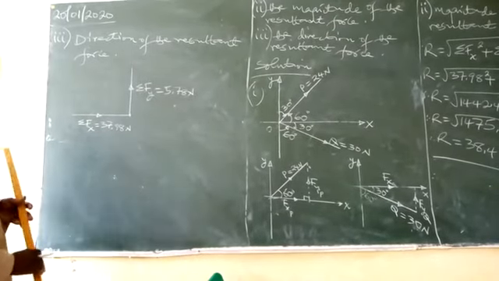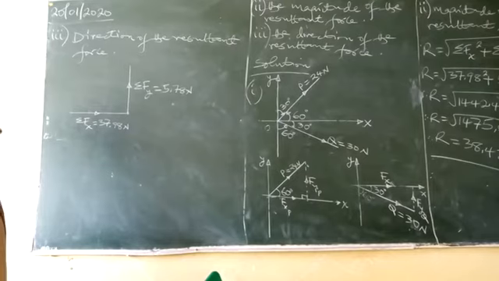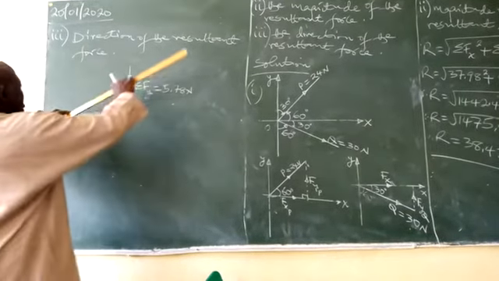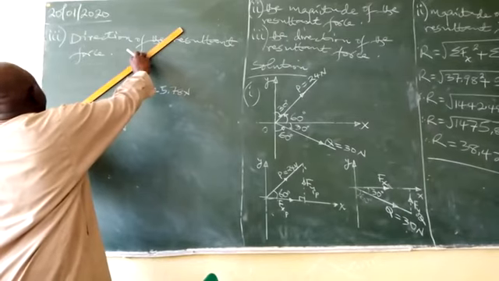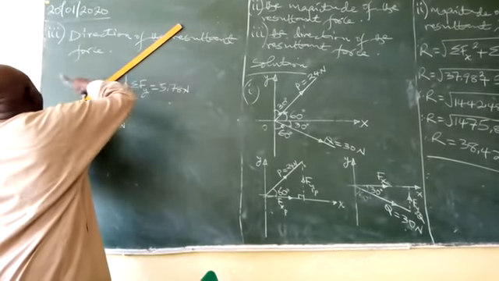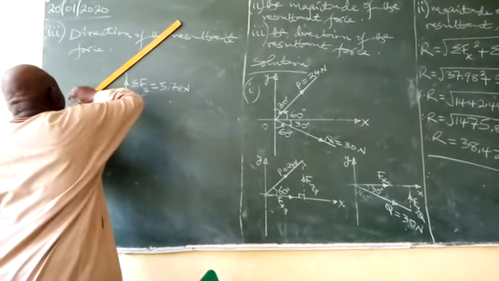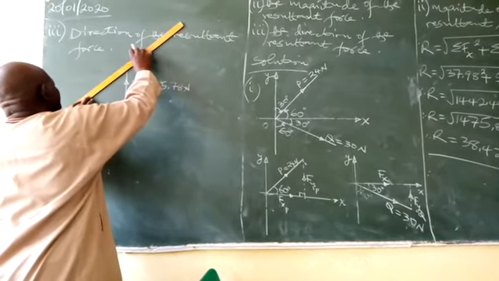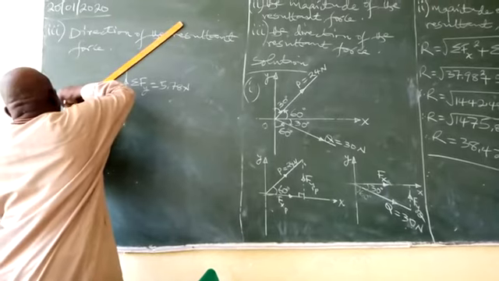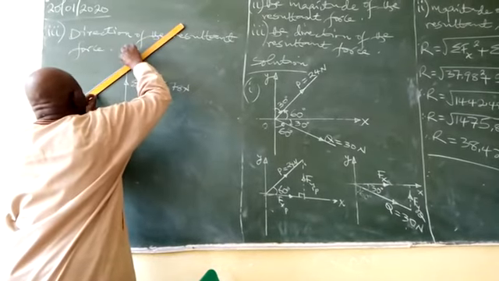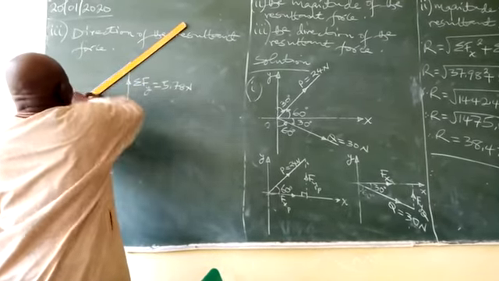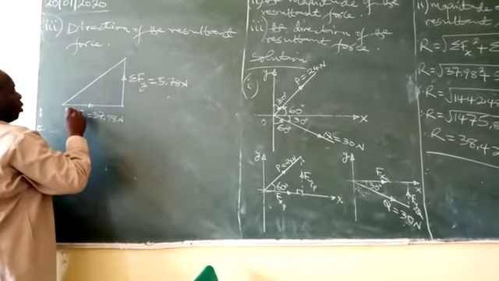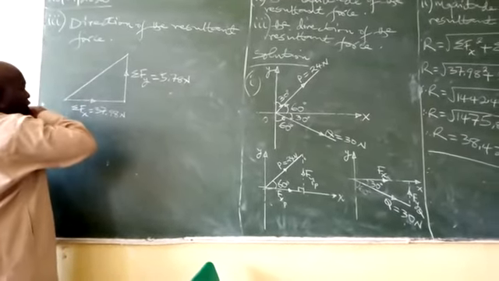Then I have to close this polygon. I close the polygon by drawing the third vector, that's by drawing the resultant. Now in which direction should this resultant vector go?